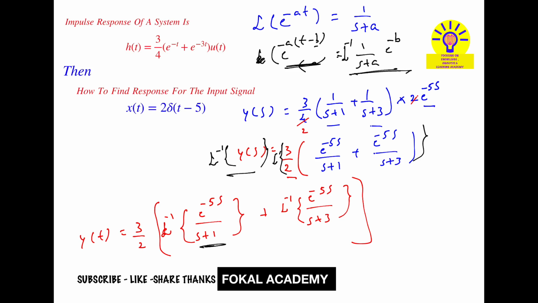So it becomes 3 by 2 into, here this is the a value and this is the b value. Now substitute the a value and b value in this equation.